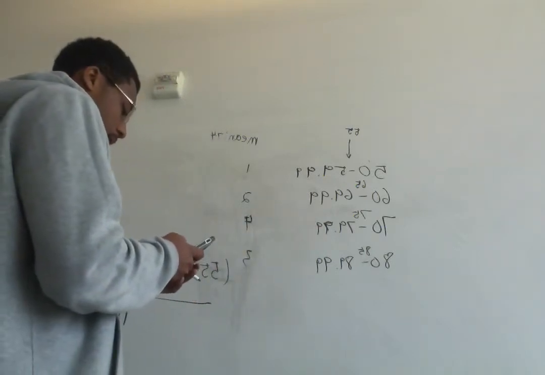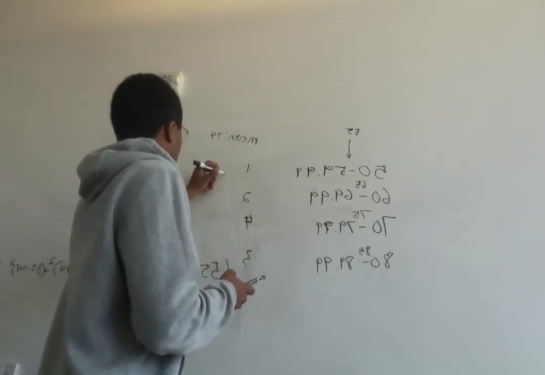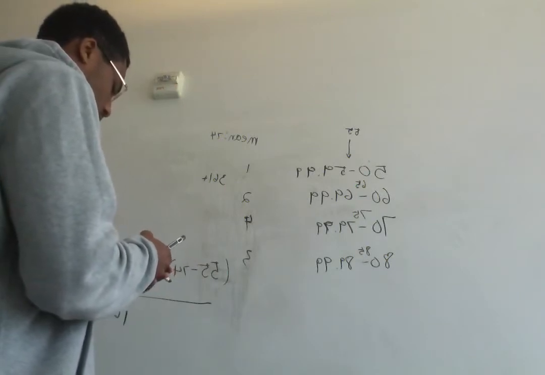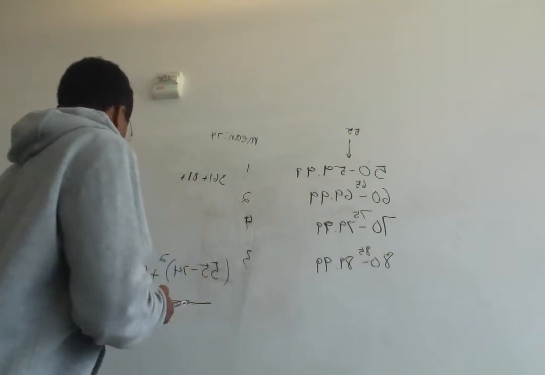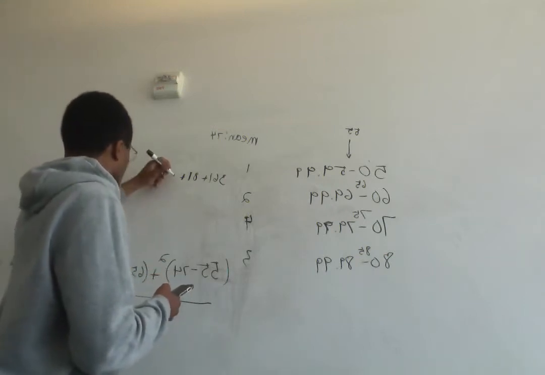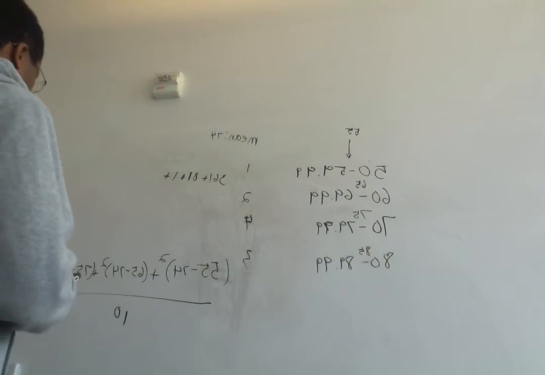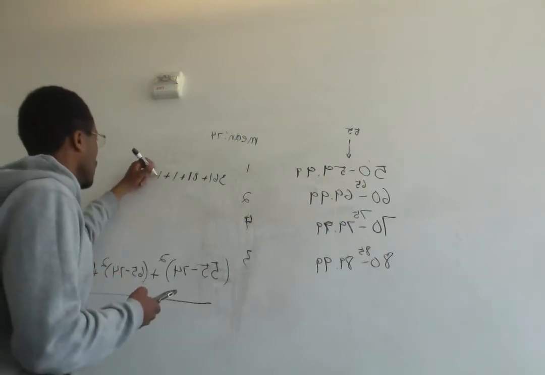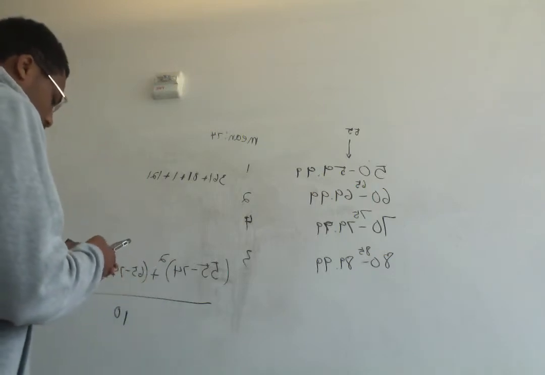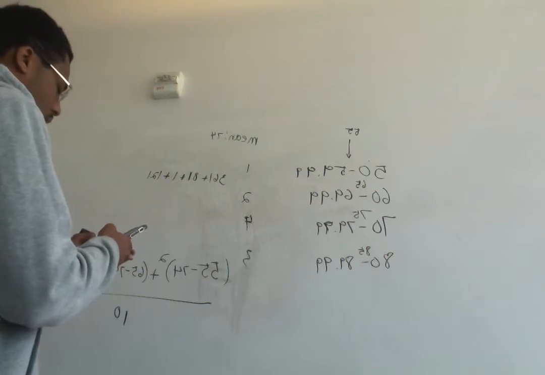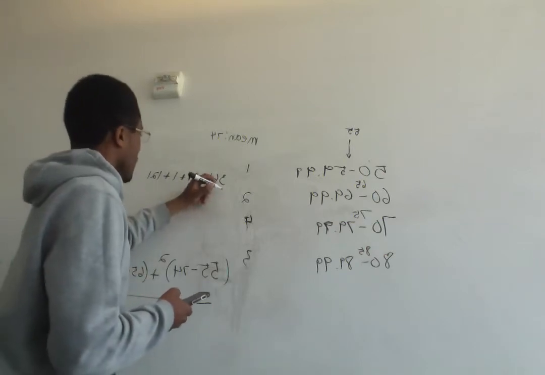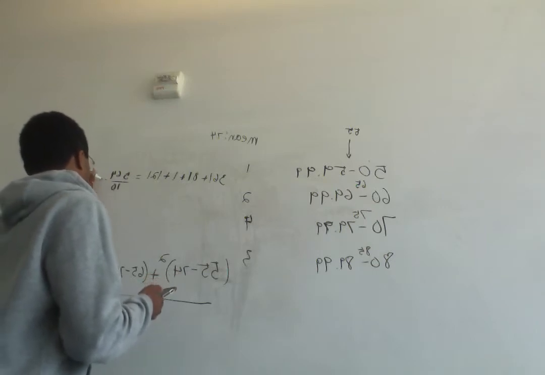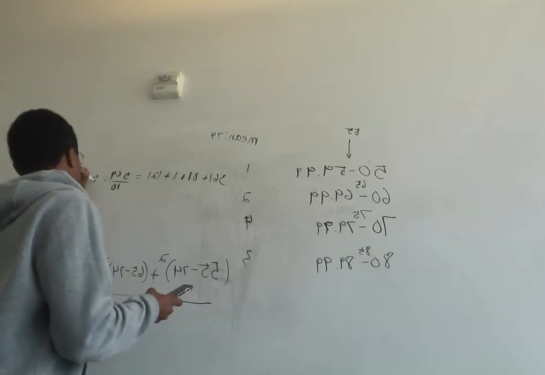So with that, 1 plus 81 plus 1 plus 121 equals 564, divided by 10 equals 56.4.